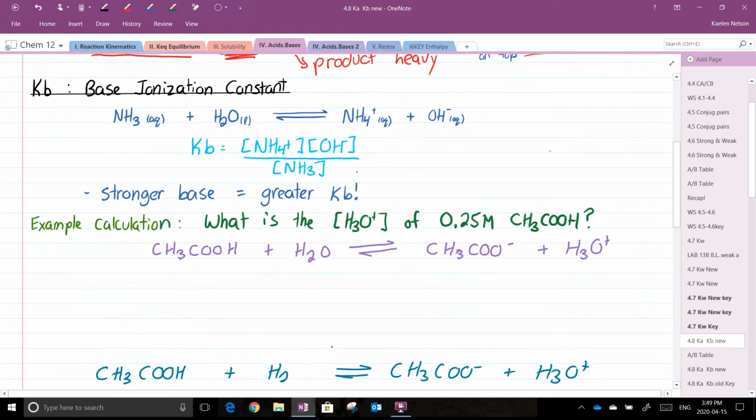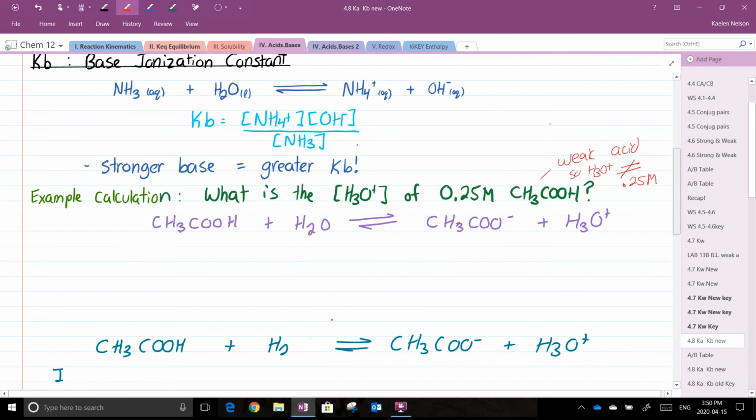So we'll move to an example calculation. What is the H3O of 0.25 molar CH3COOH? So remember, it's a weak acid, so your H3O is not equal to 0.25 molar. So there's some more calculating to be done on these.